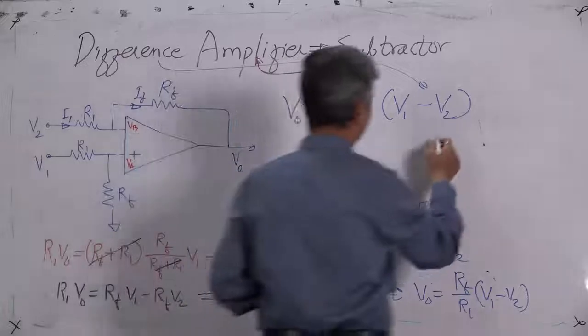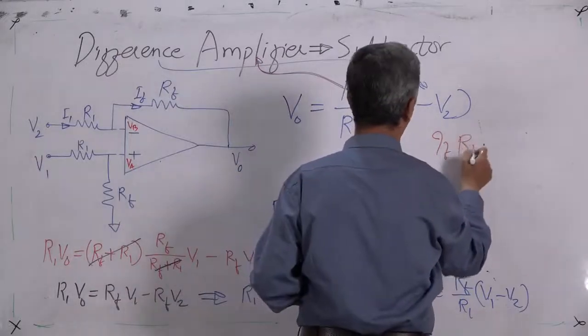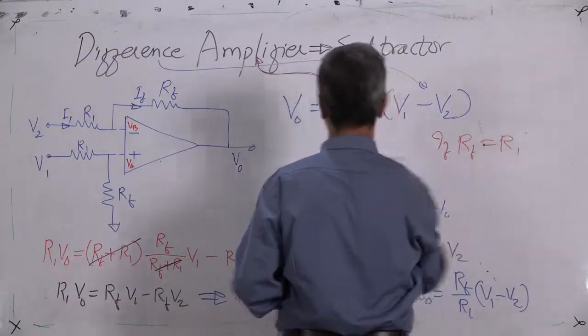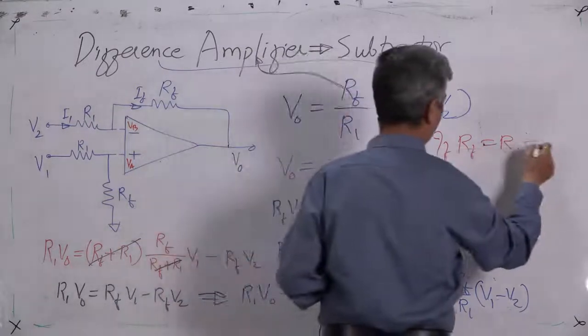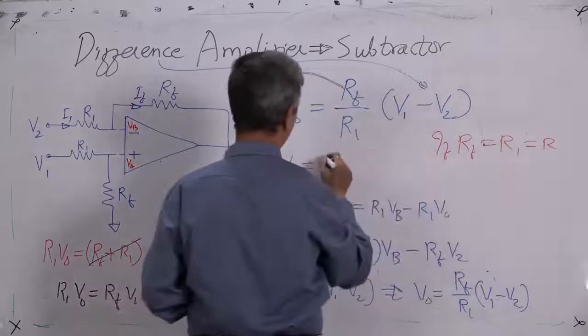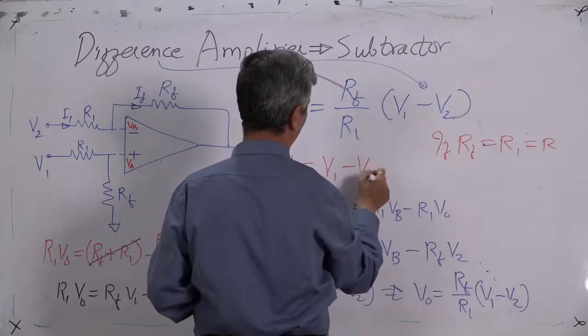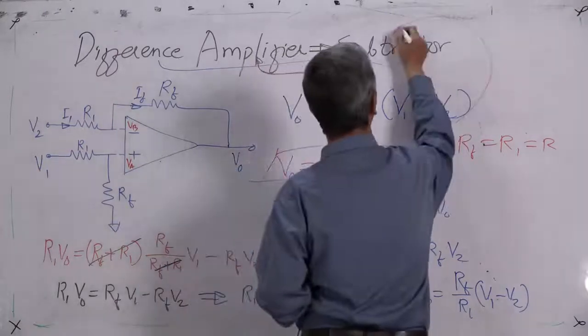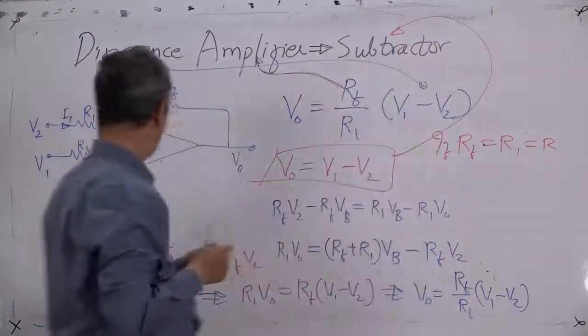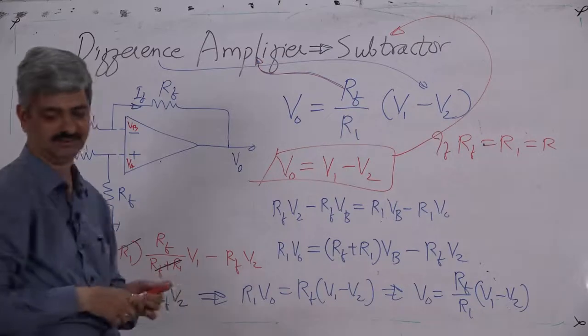And if RF equal to R1, let both be equal to R, that is not important, then VO is equal to V1 minus V2. And in that case, it is a subtractor. If values are equal, it becomes a subtractor.